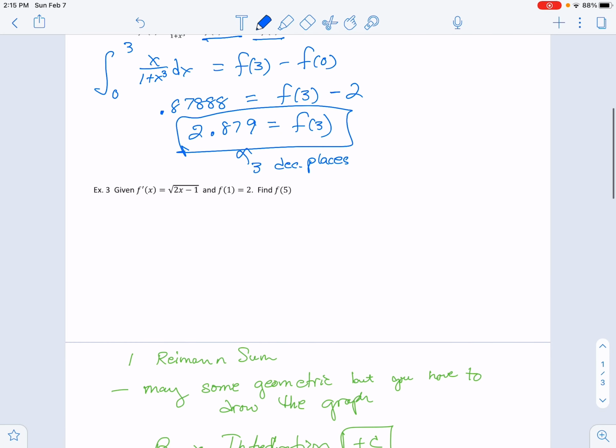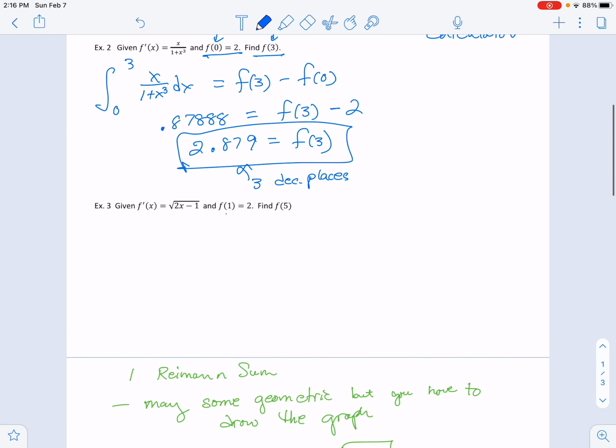All right. This one they wanted me to integrate. They gave me f of 1 this time, and we're looking for f of 5. So it's the same thing, but your bounds are from 1 to 5. The square root of 2x minus 1. That equals f of 5 minus f of 1. Put it in your calculator.